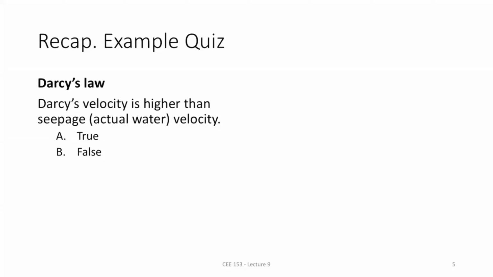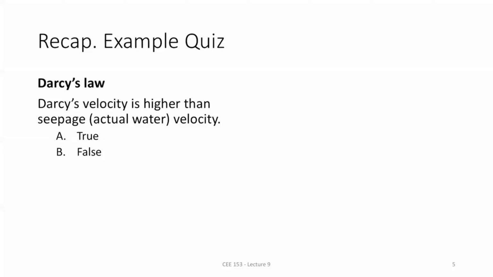Is this a true statement or false statement? You have 45 more seconds to answer, but it should be an easy question if you have read it. If you haven't, then it's a good assessment for you to go back and read those slides.